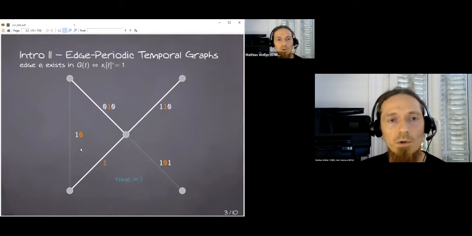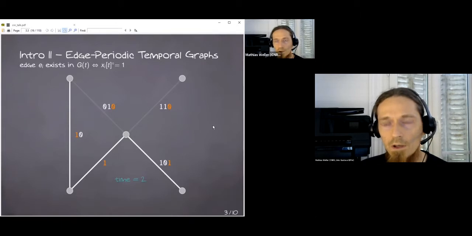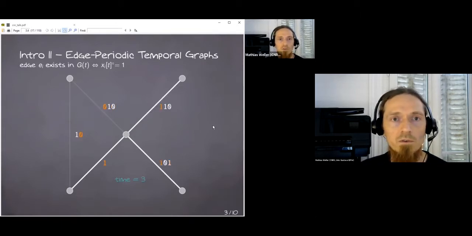And now when we go from 1 to 2, you will see that up here, the sequence wraps around, while these other three, they just advance by one. So those are edge periodic temporal graphs, and it just continues like that. Here it's time step 3. Every one of the length 3 sequences will also wrap around, and so forth.